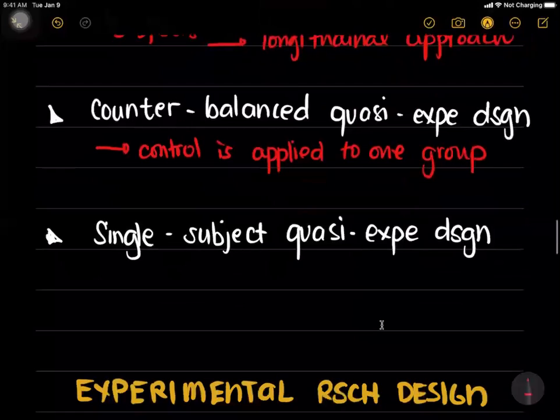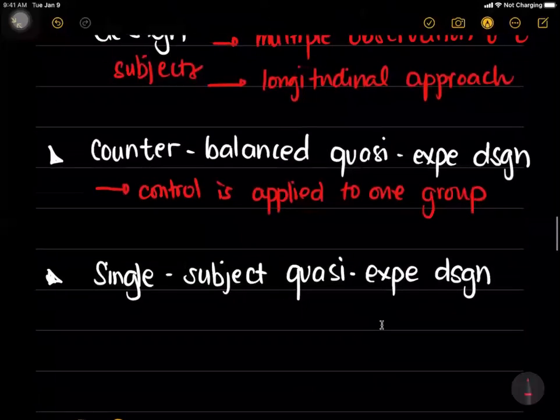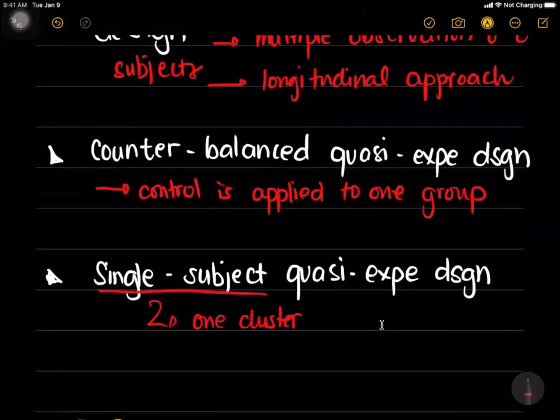And finally, we have your single subject quasi experimental design. The design is used when the population is so large that you find difficulty in choosing a group of subjects. So what you do, you decide to apply the condition or treatment to a single subject, like a class of learners. So from the name itself, single subject, it's one cluster of subjects.